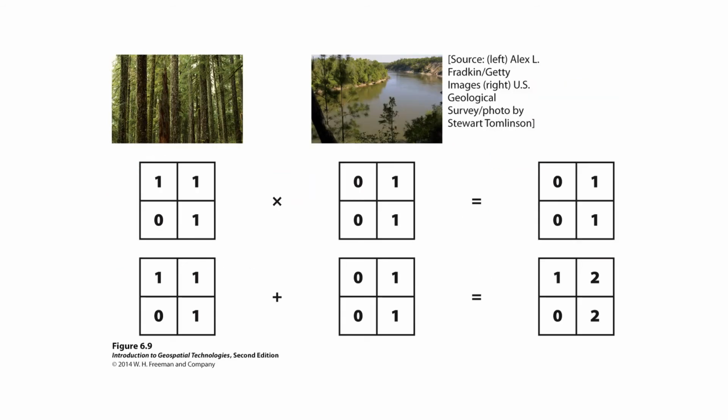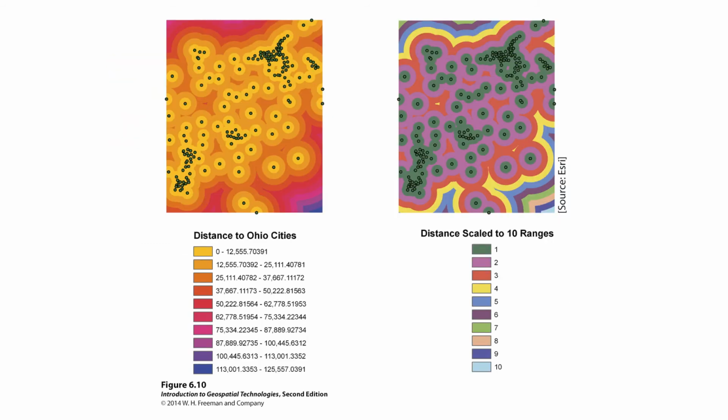You could then combine these two, whether you add or multiply, to get different things, to figure out which pictures have trees and water. Now if you multiply them together, you only find out which ones have both. If you add them together, you find out which ones have both and which ones only have one. We can also do some fancy raster analysis.